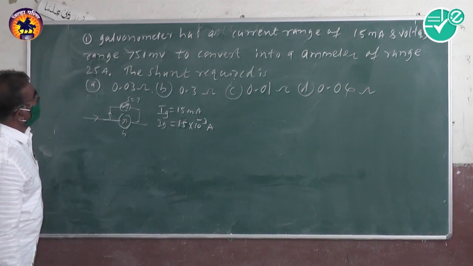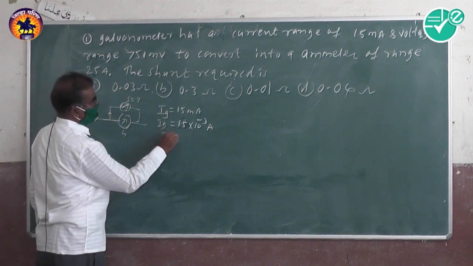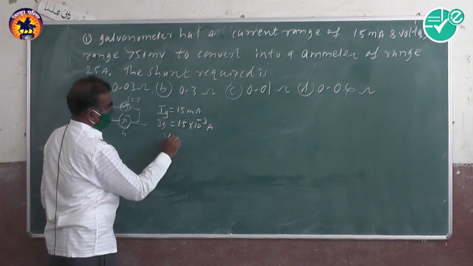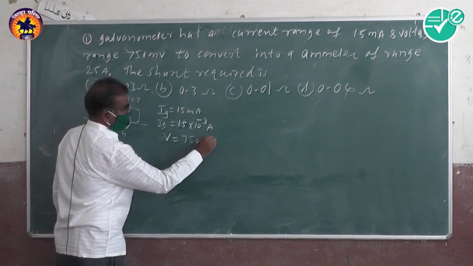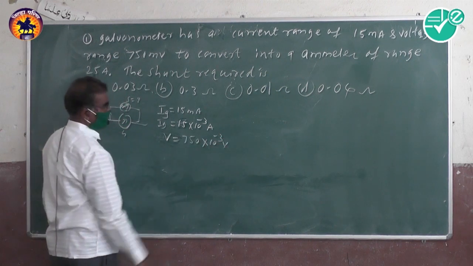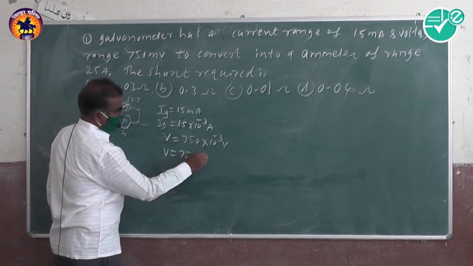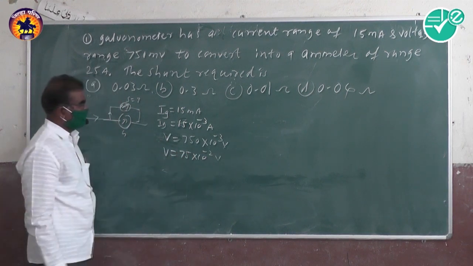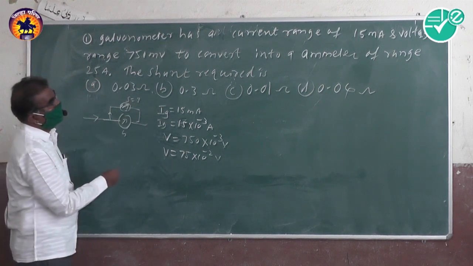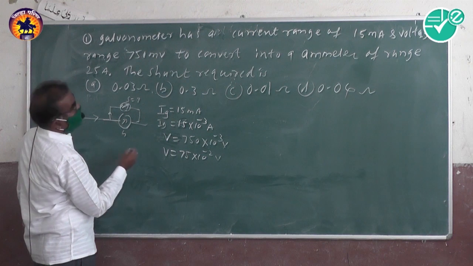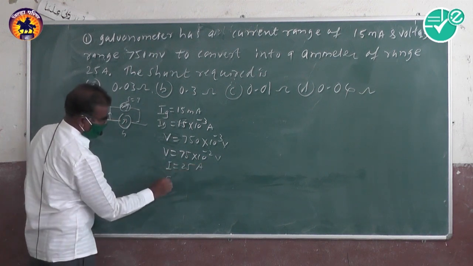Voltage range is 750 millivolt, that is 750 into 10⁻³ volt, that is 75 into 10⁻² volt. I is given as 25 ampere to be measured, so what will the shunt be?